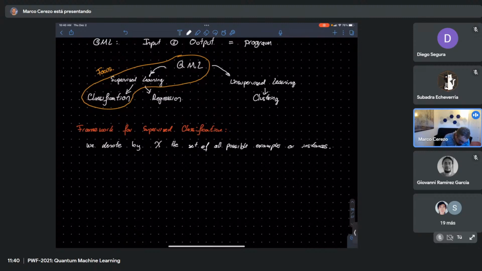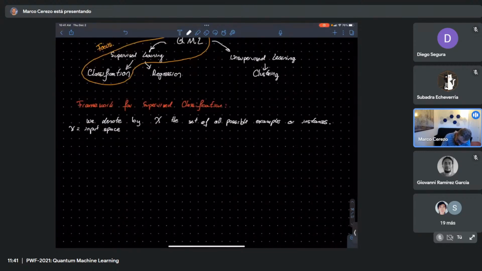Usually we also call this X the input space. And then we denote by Y the set of labels or target values.